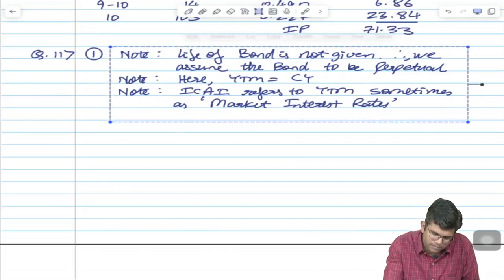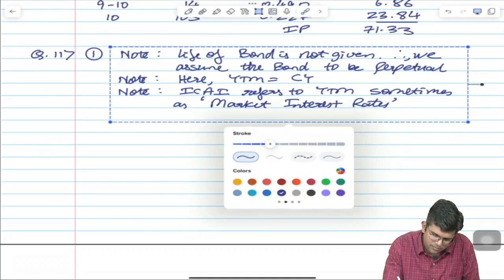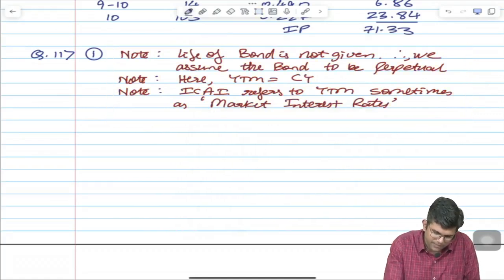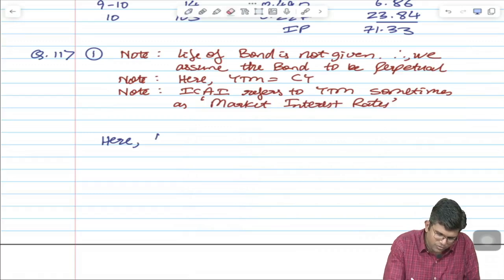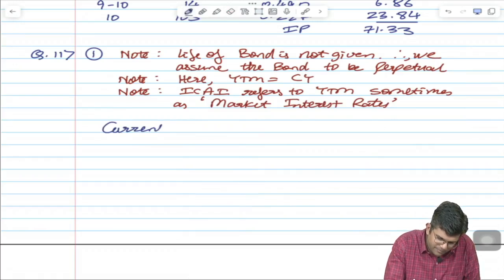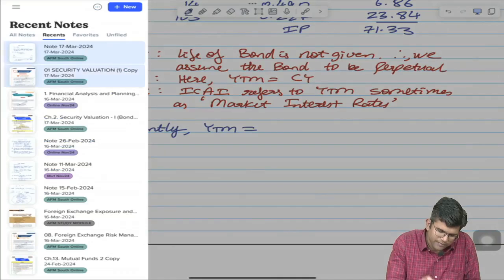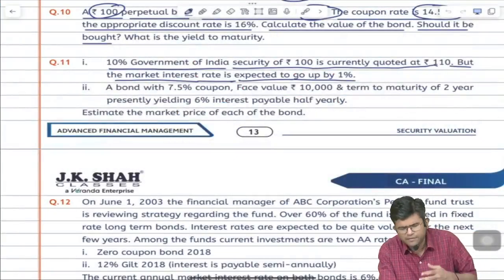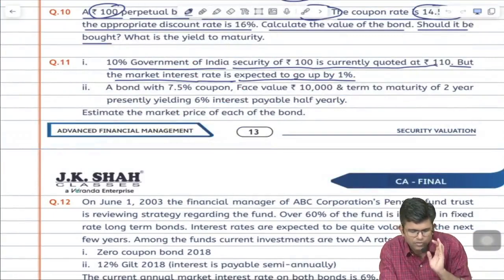Now, I might use the word currently, YTM of this bond, do you realize, see, YTM means current yield. What is the formula of current yield? Interest upon current market price into 100.